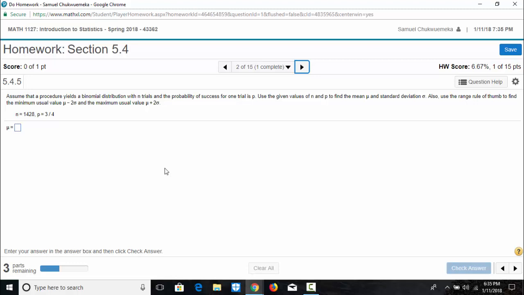Also, use the range rule of thumb to find the minimum usual value, mu minus 2 sigma, and the maximum usual value, mu plus 2 sigma.